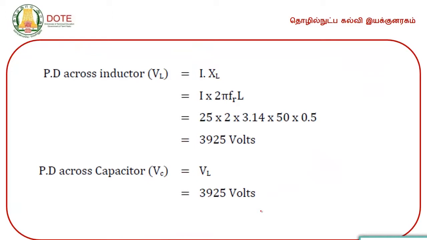So, we are going to find out the potential difference across VL. We can use either of these formulae. One is, you can straight away multiply the circuit current with inductive reactance, or you can apply one more thing, that is quality factor into applied voltage.